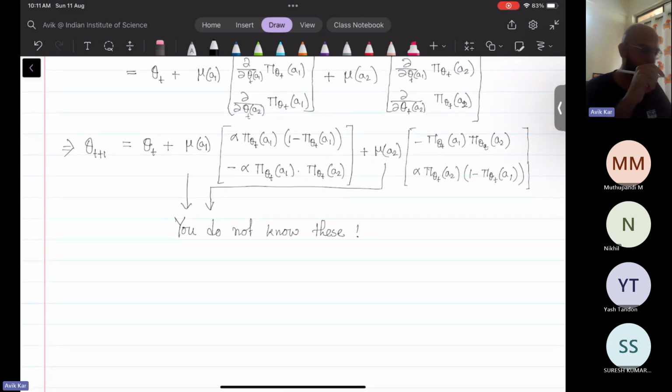So in the REINFORCE algorithm, you replace it by the current reward.